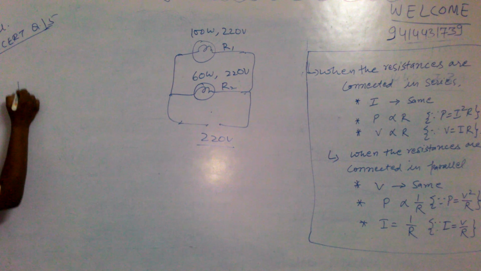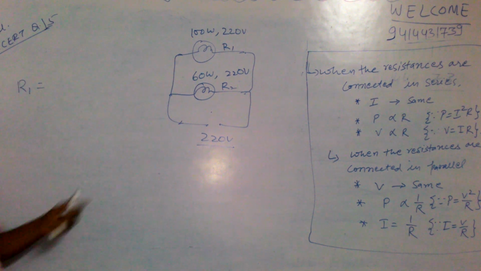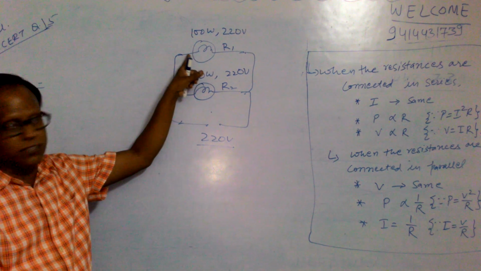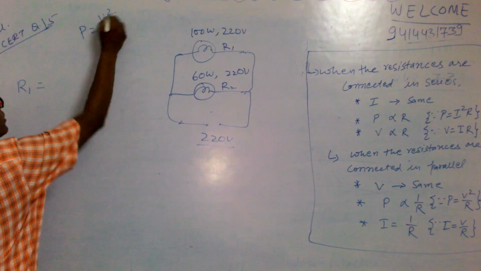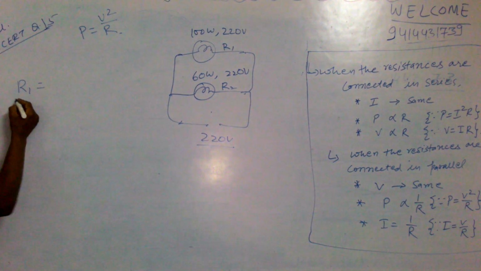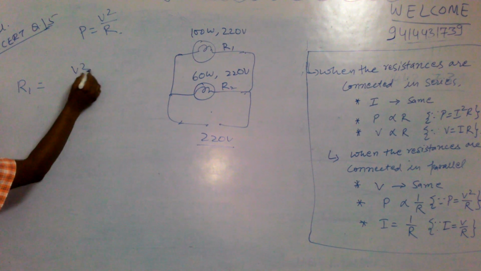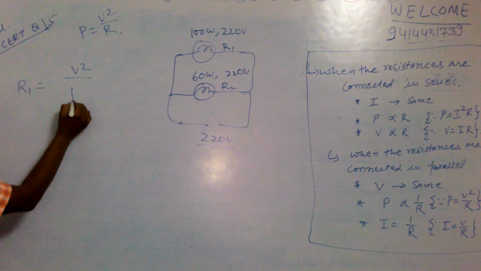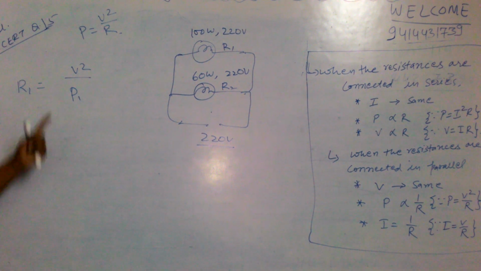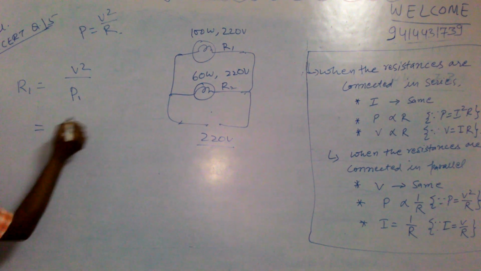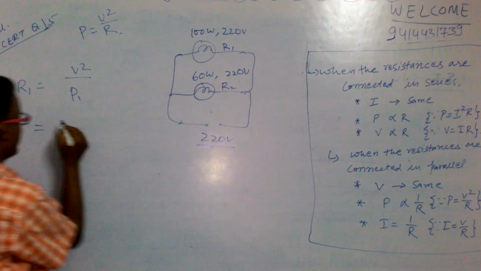If R1 is the resistance of bulb 1, then by the formula P is equal to V square by R, R1 is V square upon P1. Supply voltage is constant, and V is 220.